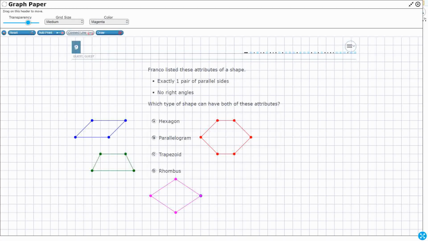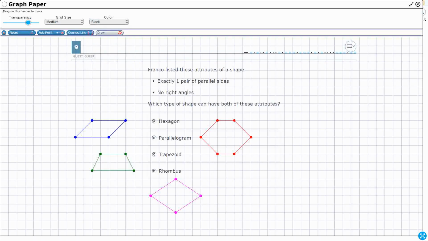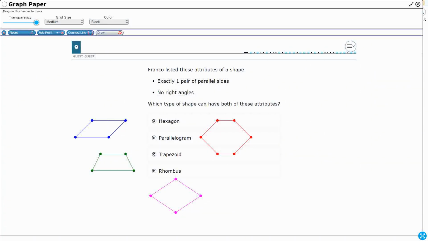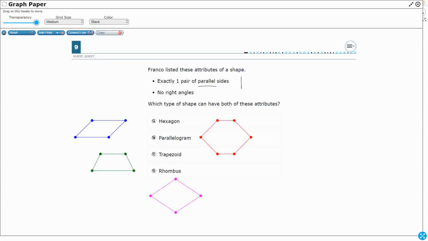Okay, so which type of shape can have both of these attributes? Well, let's look back at the attributes real quick. We want them to have exactly one pair of parallel sides, right? So we need to know that parallel sides are two sides that if they were extended forever would never intersect. They never get closer, they'd never get farther, right? And you see I've got parallel sides here, I've got parallel sides here, and I've got parallel sides here.